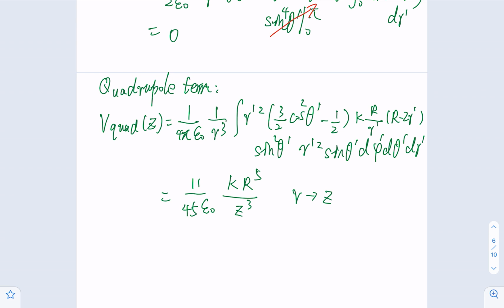Because I'm looking at the z direction, this r to the 3 is replaced by z to the 3, and all these cosine theta primes evaluate to be 1 because we are along the z-axis.